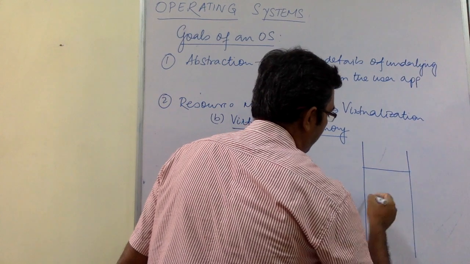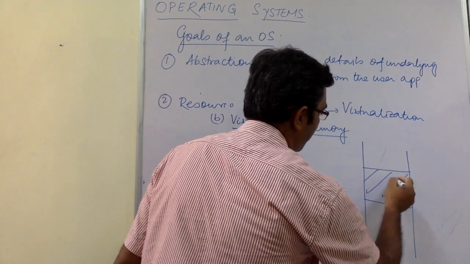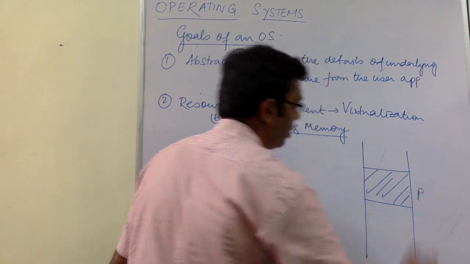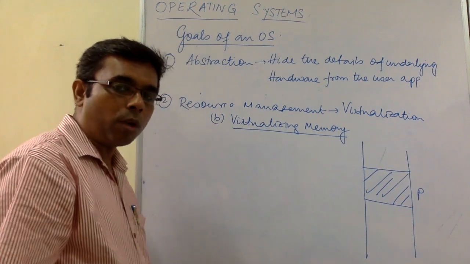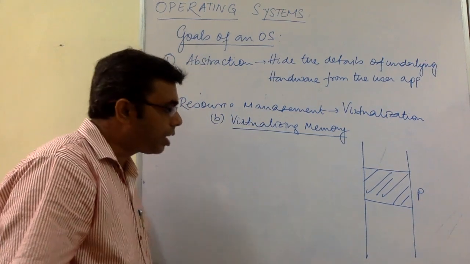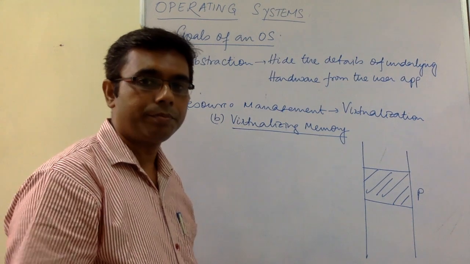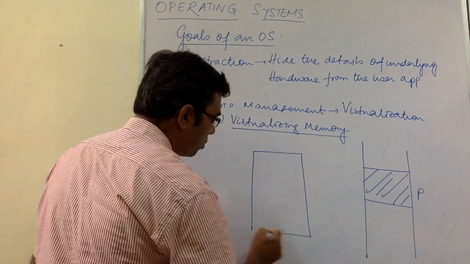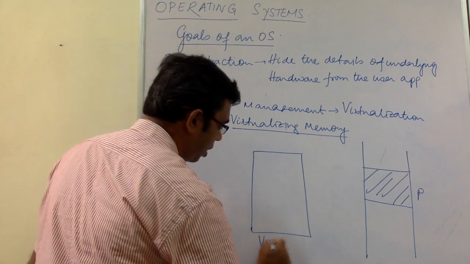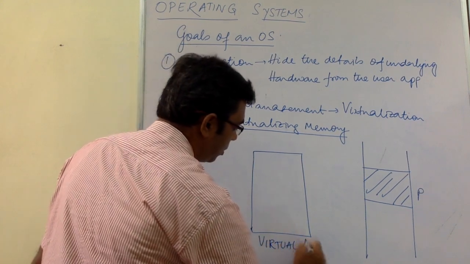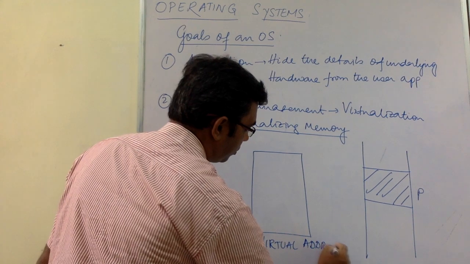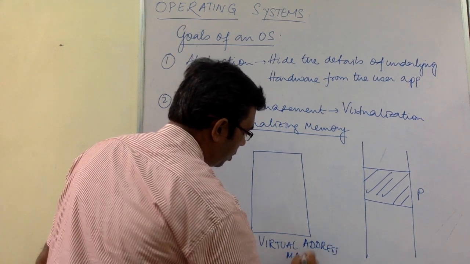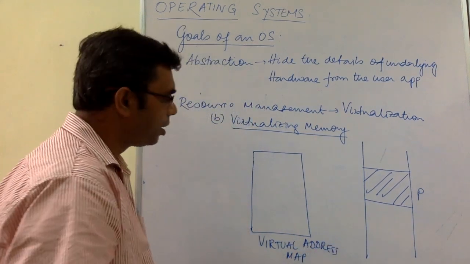So let's say this is the range of addresses that the particular program, say P, occupies. But what the OS does is it creates one more view of this program, and this view is called a virtual address map. Okay. Now, why is this necessary?